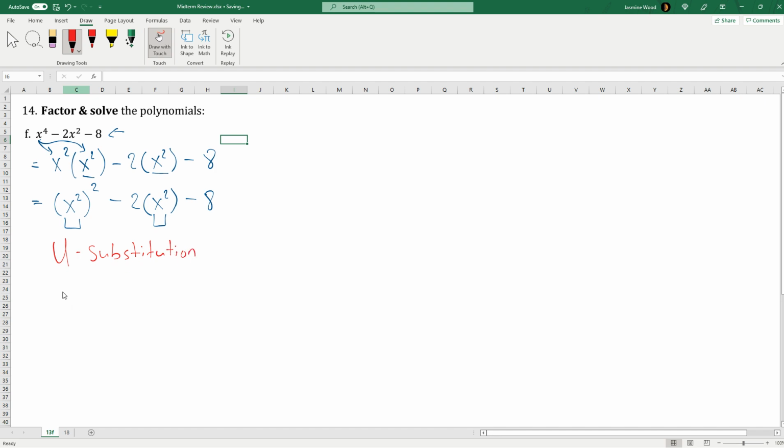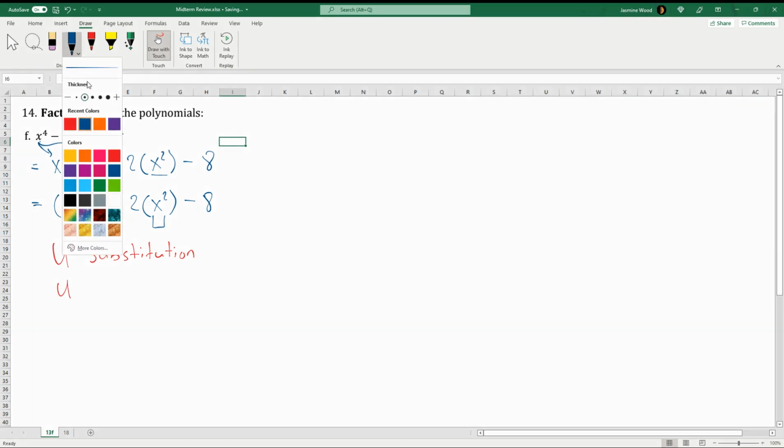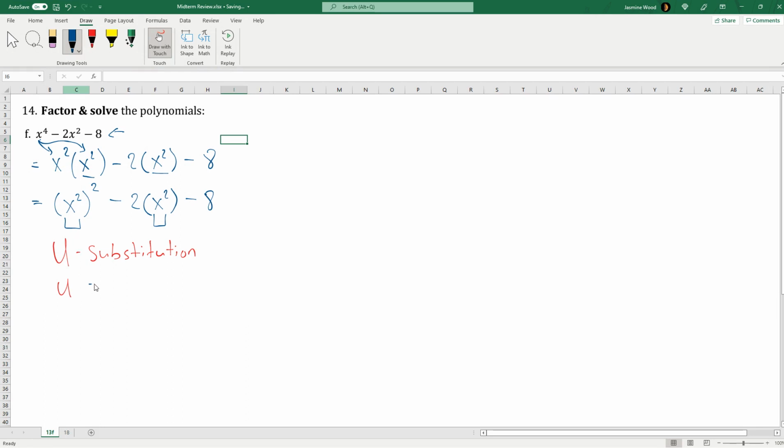As the name implies, because we can't factor this using the trinomial method directly, this is an intermediate step between the expression as written and the factored form with the trinomial method. We use U as an intermediate substitute. So in this case, we'll set U equal to that base term, which is x squared.